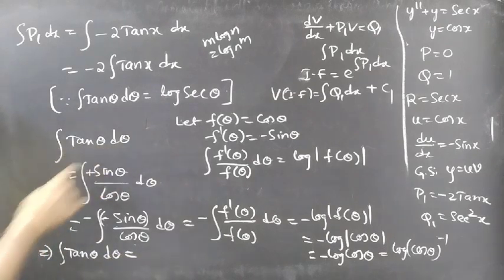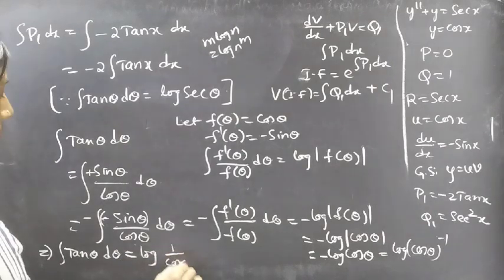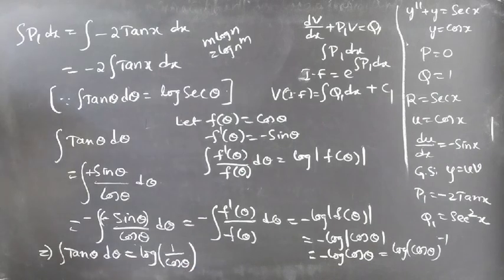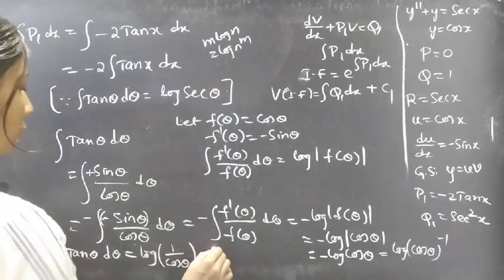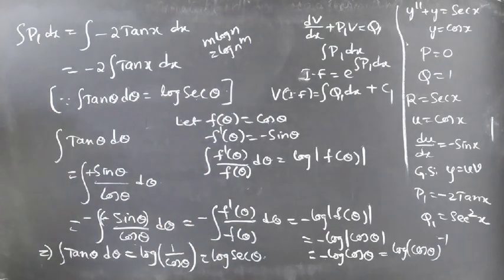Then integral tan theta d theta equals log of cos theta whole inverse, which can be written as log of 1 by cos theta. We know that the reciprocal of cos theta is secant theta, so we get log secant theta.